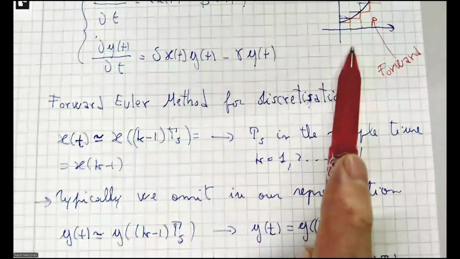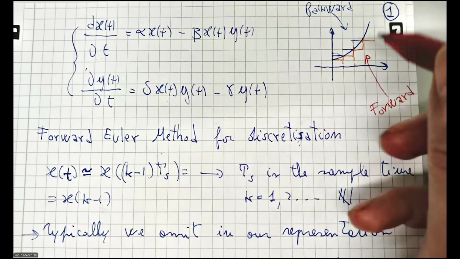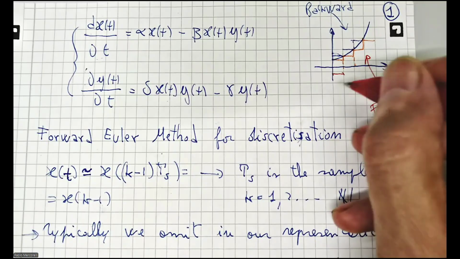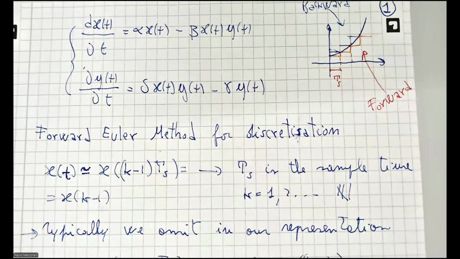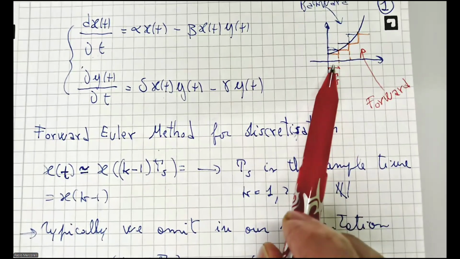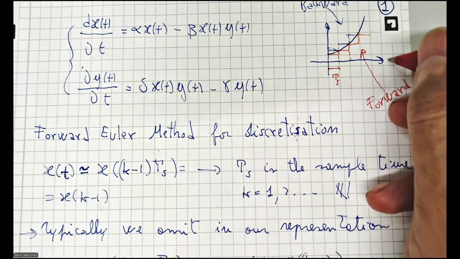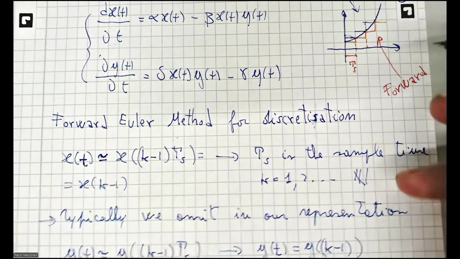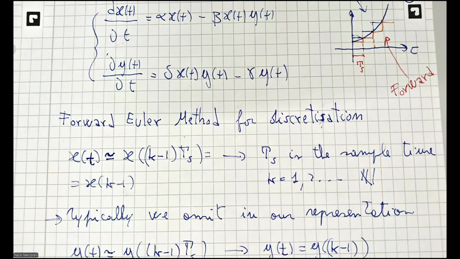And related to this scheme here, we can understand intuitively what Ts is. Ts is this distance, the distance between the samples over time. Let me write in blue. At this moment, Ts is constant, but it could also be variable. But let me fix Ts constant.